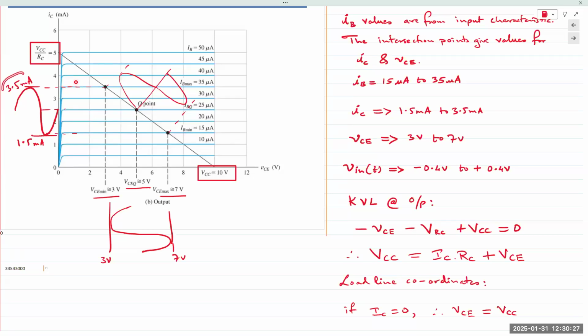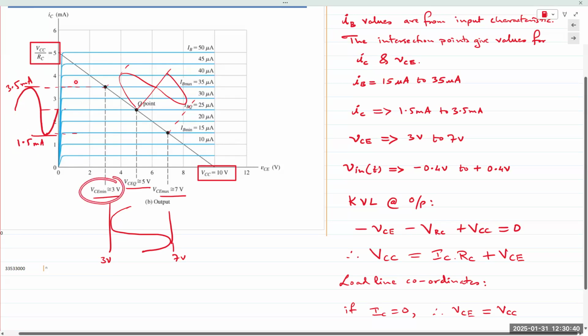And so on the left, we obtain IC values of 1.5 milliamps and 3.5 milliamps. And on the x-axis, we find VCE swings between 3 volts and 7 volts.